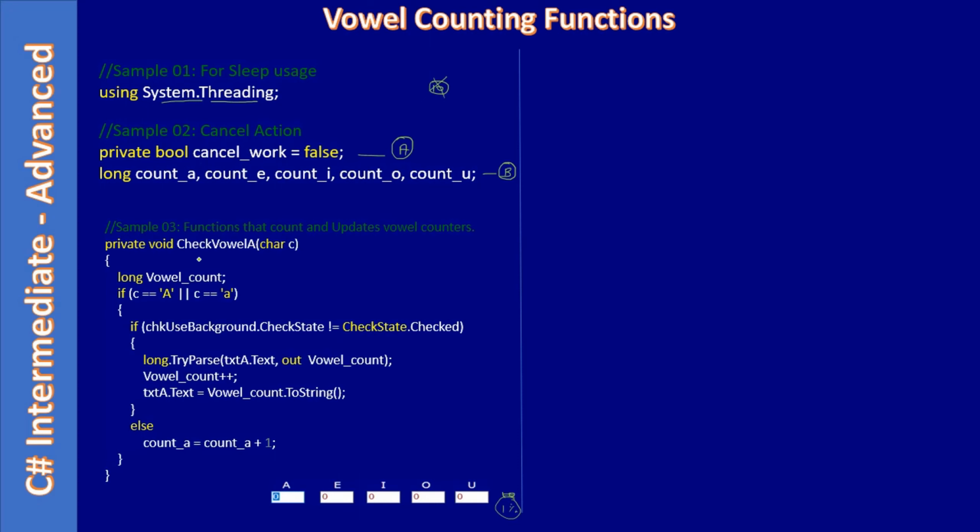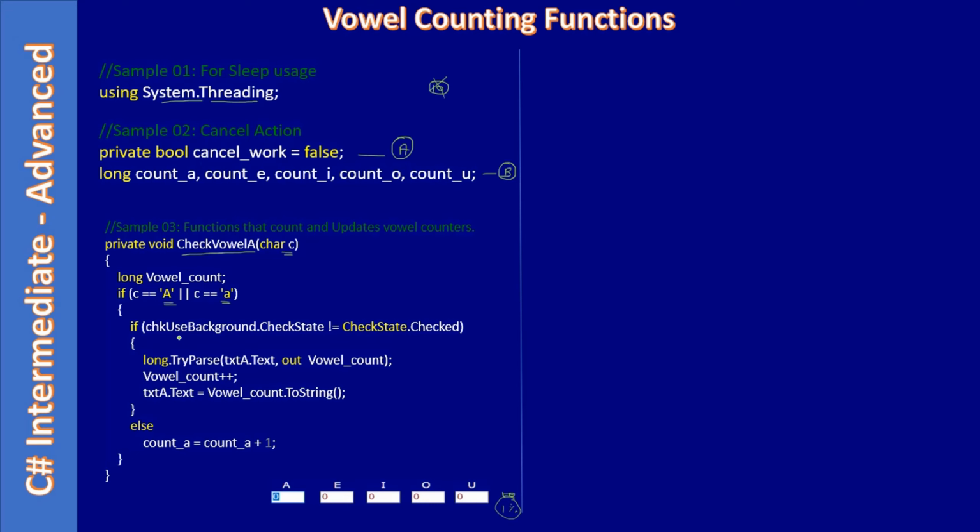Alright, first we define a helper function CheckVowelA, and the input here we are processing as c. What this will do is check whether the character is a or A. If that is the case, we found a vowel for the given input character.